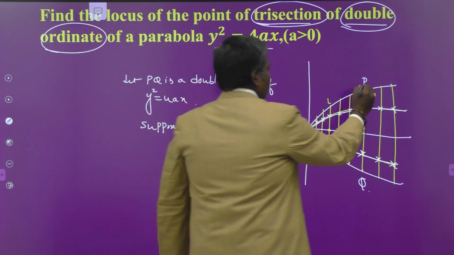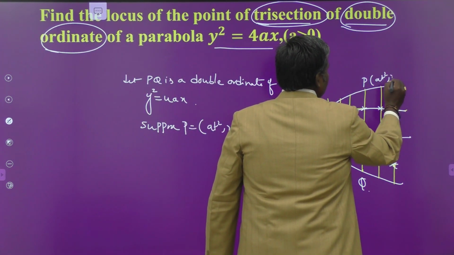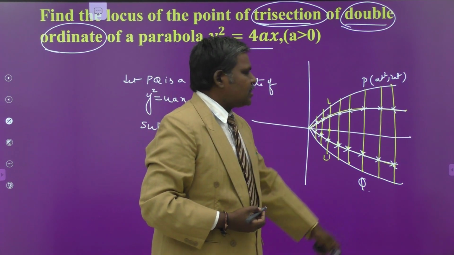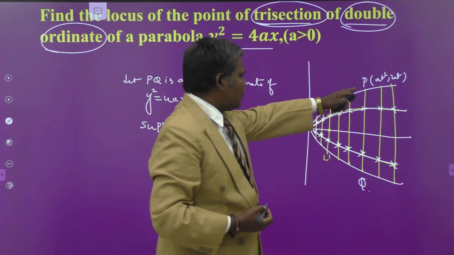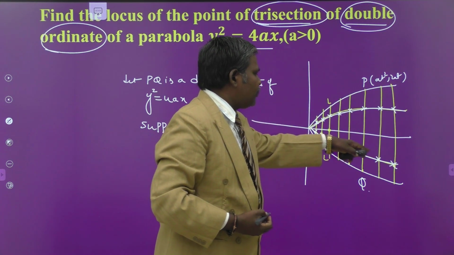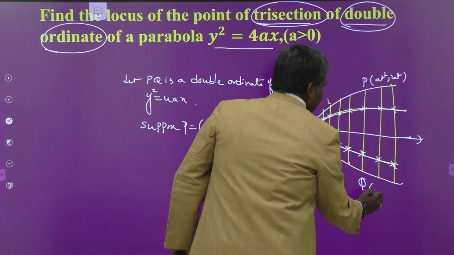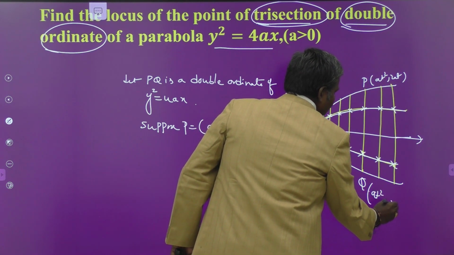This is the P. Its coordinates are at square comma 2at. Can you guess the coordinates of Q? This is a double ordinate. Just Q is the image of P with respect to its axis. Am I correct or not? What is the image with respect to the x-axis? Clearly at square comma minus 2at.